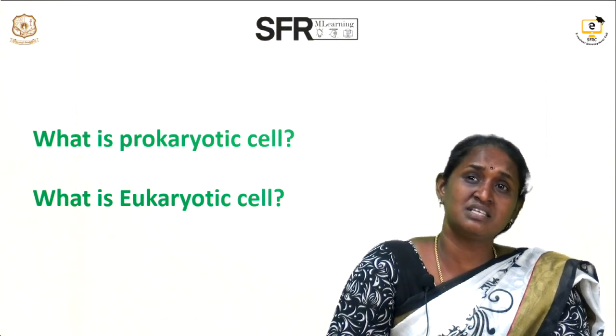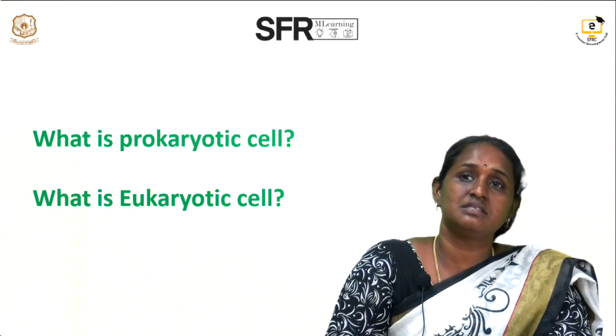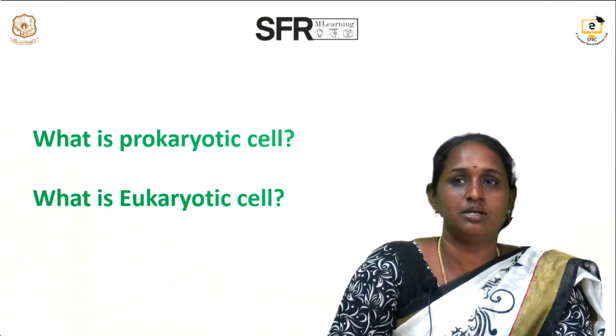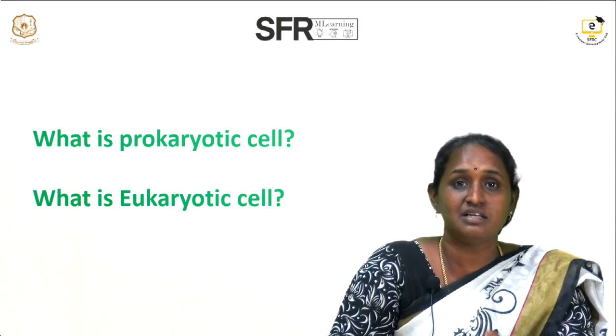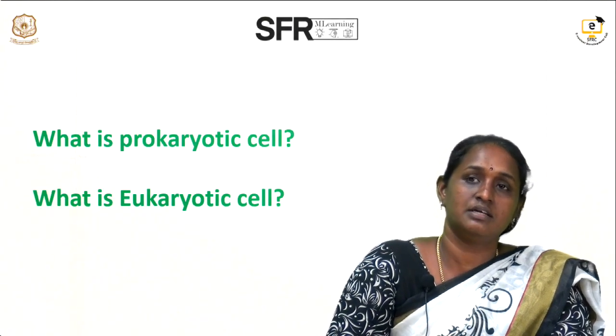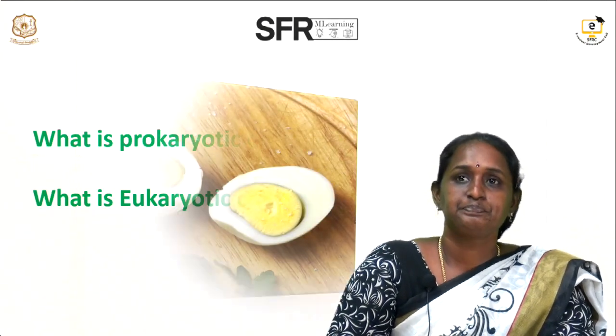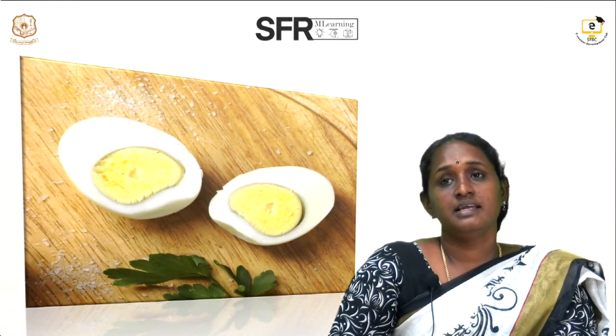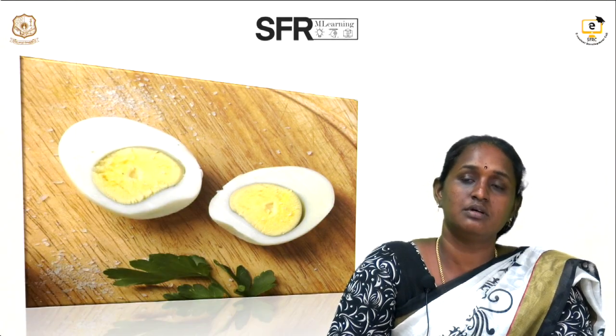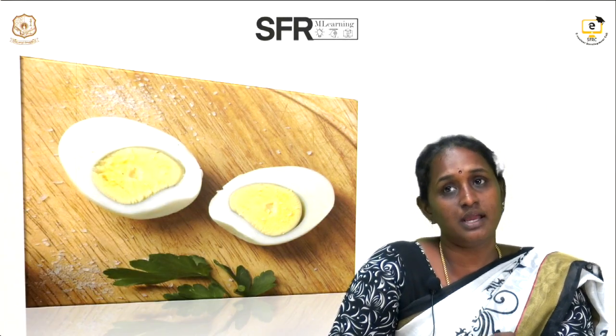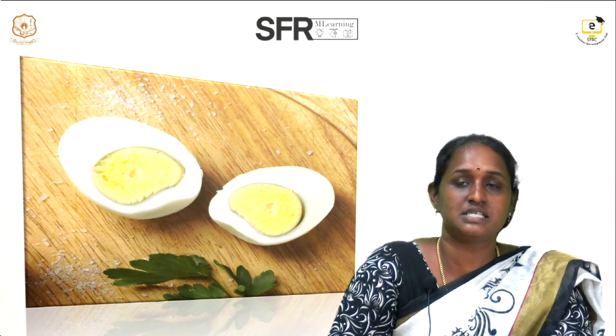The cells that have a nucleus are called eukaryotic, and the cells that lack the nucleus are called prokaryotic. Here I gave the image of a boiled egg. This egg has the egg yolk, so it represents the presence of the nucleus. The eukaryotic cells also have a definite shape of nucleus.